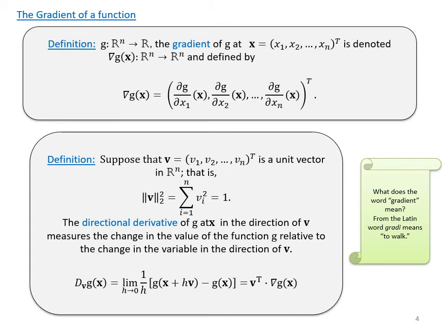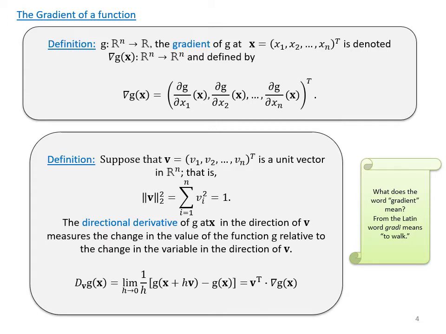Before I start describing the method, let me remind you of a couple of very important definitions from multivariate calculus. But first let me mention that the word gradient comes from the Latin word gradi, to walk, which means that we are supposed to walk in a particular direction, which we are going to find as well, in order to find the local minimum of our function.